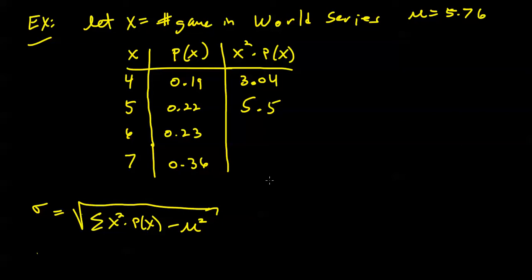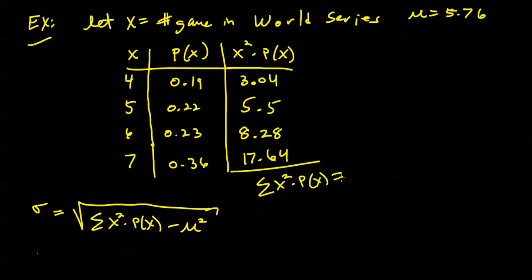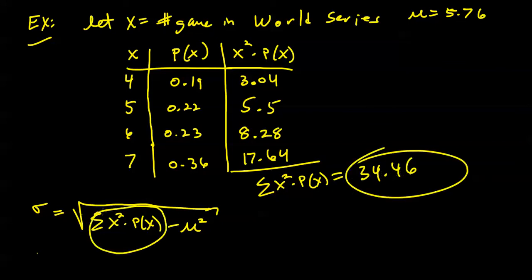I get 8.28. 7 squared is 49. 49 times its associated probability, 0.36, I get 17.64. So again, the sum of this column is summation x squared times p of x. I get 17.64 plus 8.28 plus 5.5 plus 3.04 equals 34.46.